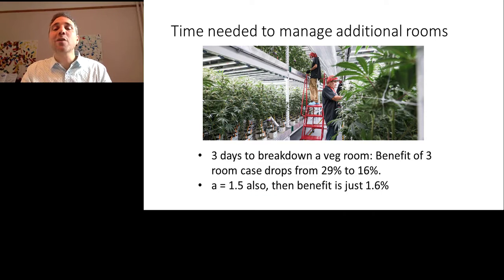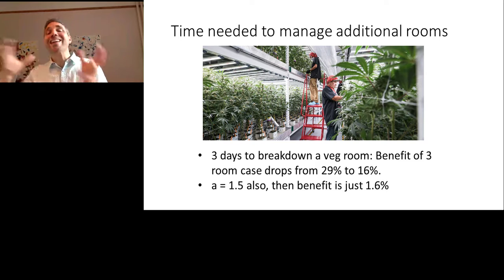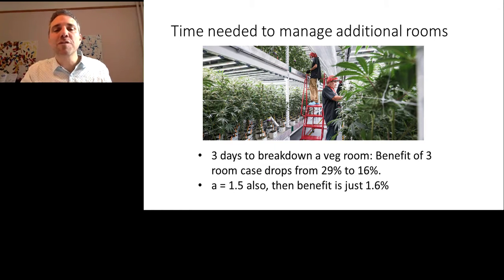And if we go further and say the flowering plant's only 1.5 times as large as a vegging plant, and it takes 3 days to break down a room, that reduces the benefits from 29% to just 1.6%. So it's extremely sensitive to time, right? And that 3 days to break down a room is about the amount of time it takes to break down a medium-sized room. Okay.